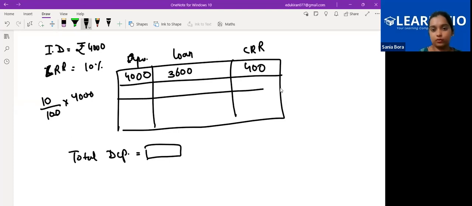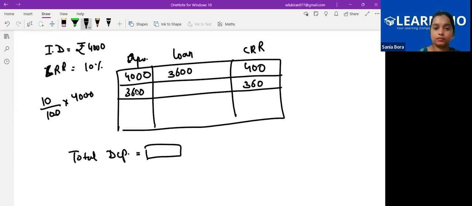Now find the second round: 10% of 3,600, which is 360.